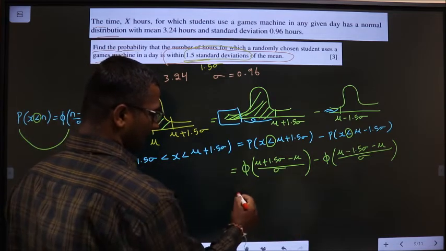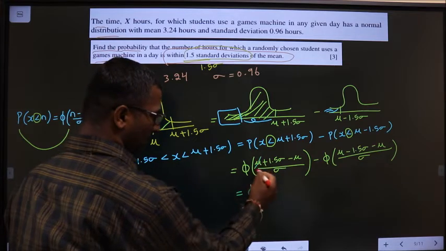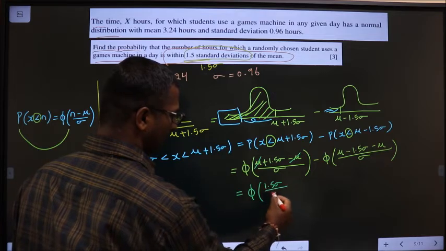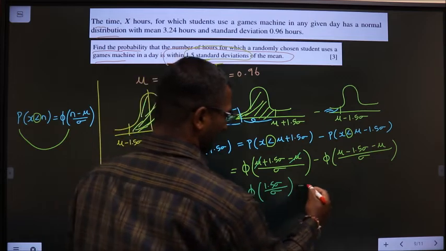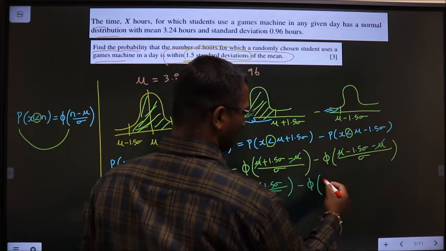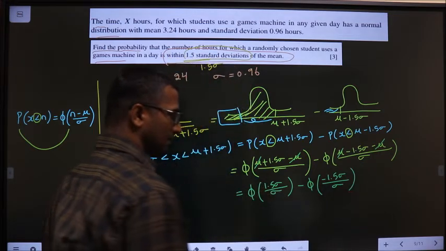See, does anything cancel out? Yes, plus mean and minus mean will get cancelled. You are left with 1.5 standard deviation by standard deviation. Now over here, does anything get cancelled out? Yes. Plus mean, minus mean, you are left with minus 1.5 standard deviation by standard deviation.